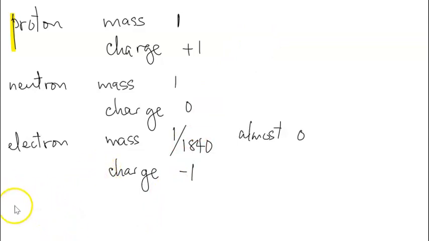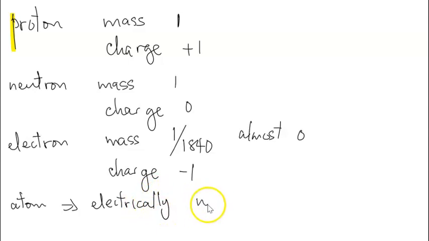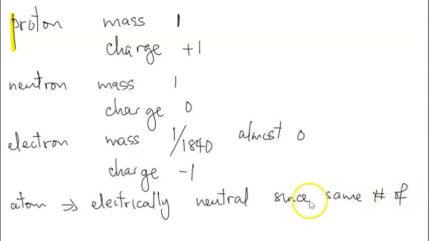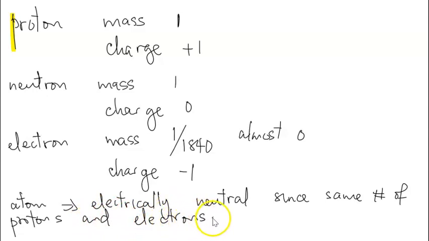We consider an atom to be electrically neutral since we have the same number of protons and electrons. So let's look at this a little closer.